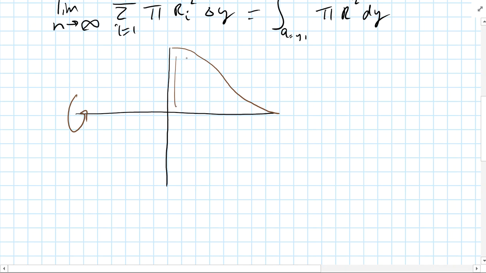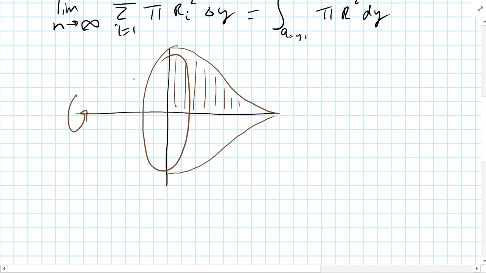So are these all my cross sections? What's going to happen is I'm going to produce a Hershey Kiss that's laying on its side. And is that the radius that I'm revolving? Now that I'm revolving around the x-axis, I want everything in terms of x.